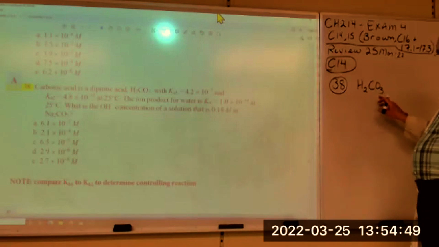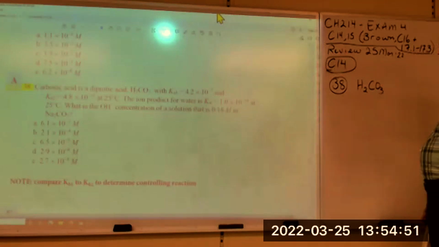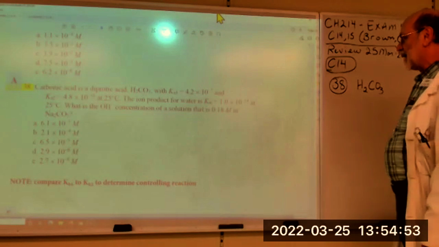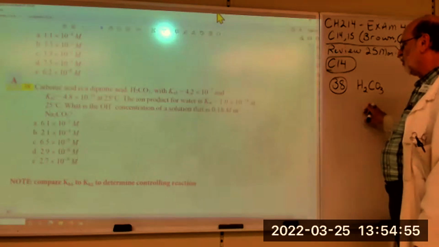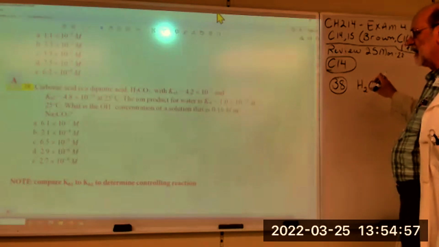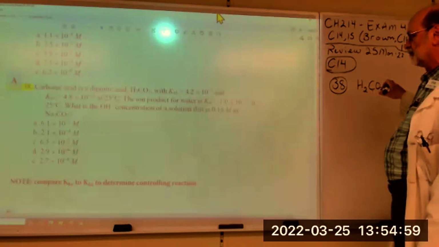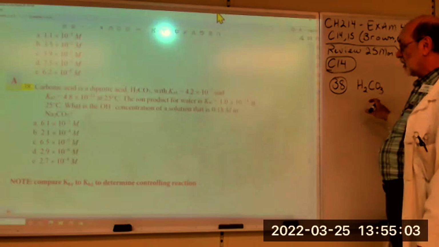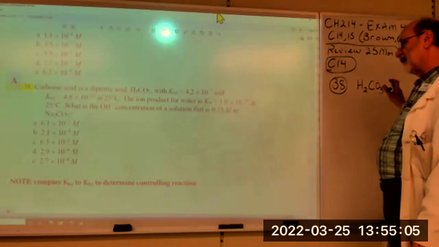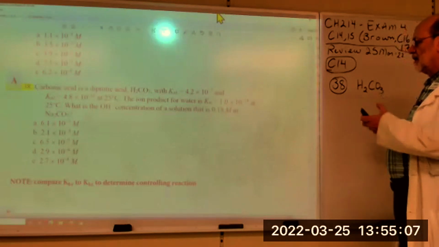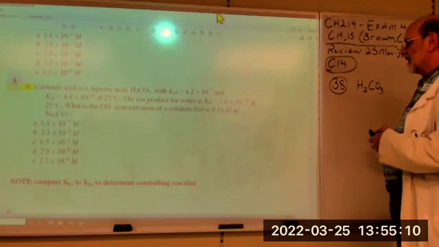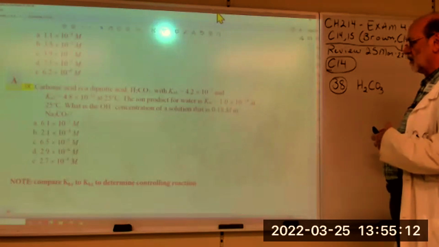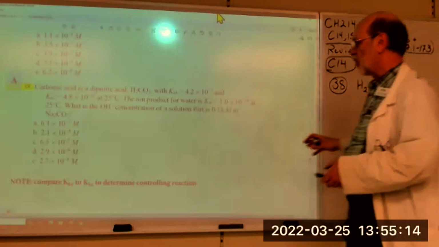It becomes H2CO3, carbonic acid, a diprotic acid with a Ka1 of 10 to the minus 7th and a Ka2 of 10 to the minus 11th. The ion product for water is 10 to the minus 14th. What's the OH minus concentration of a solution that is 0.18 molar in sodium carbonate?